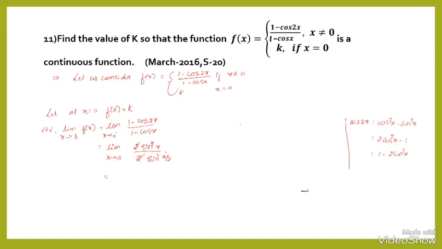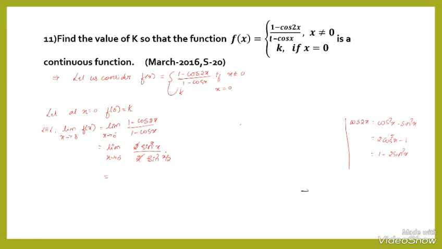Then x square, here the value x square divided by sine square x by 2 and x by 2, because we have sine square x.